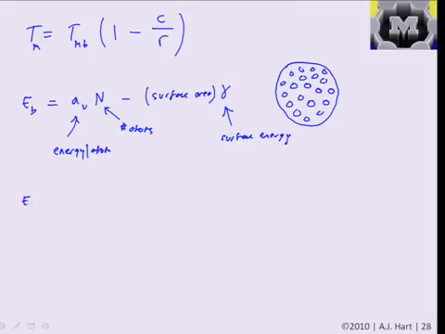And if we then just divide it by n, we would get our bulk cohesive energy per atom minus the surface area times the surface energy divided by the number of atoms.